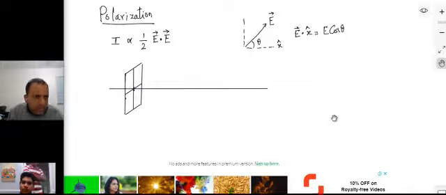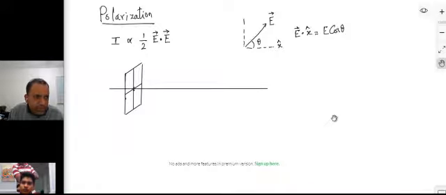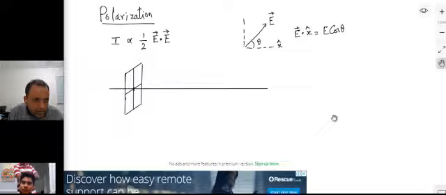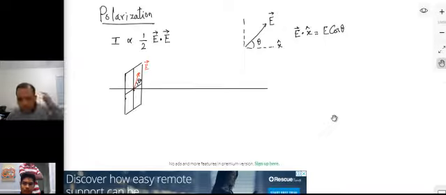And let me have an electric field that is on this plane. So that's an electric field. That's E. Let it make an angle theta with respect to the x-axis.